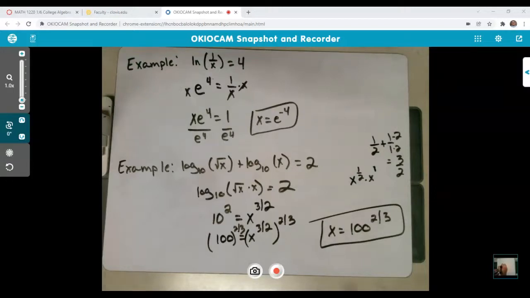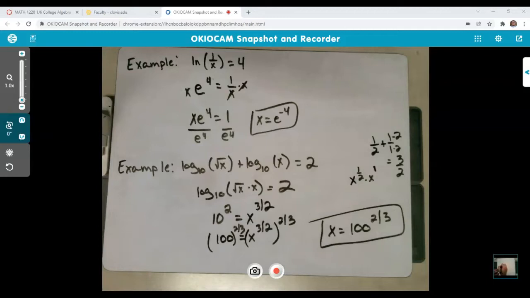Whenever you get to stuff like this, where it can't really be rewritten, you could just leave it. Because 100 to the 2/3 really means the cube root of 100 squared, but that's not really a clean and clear thing, so just leave it just like that.